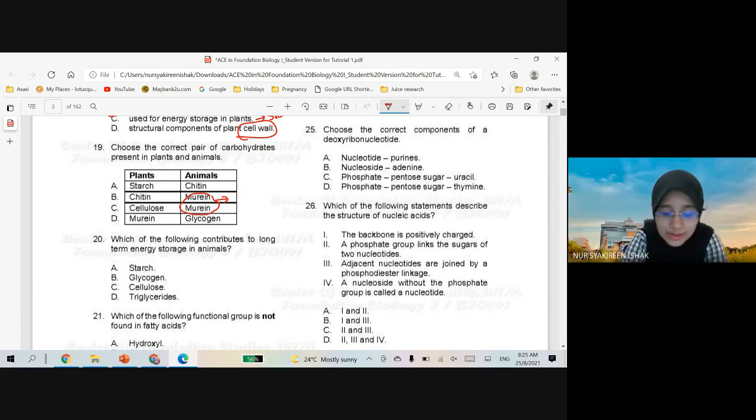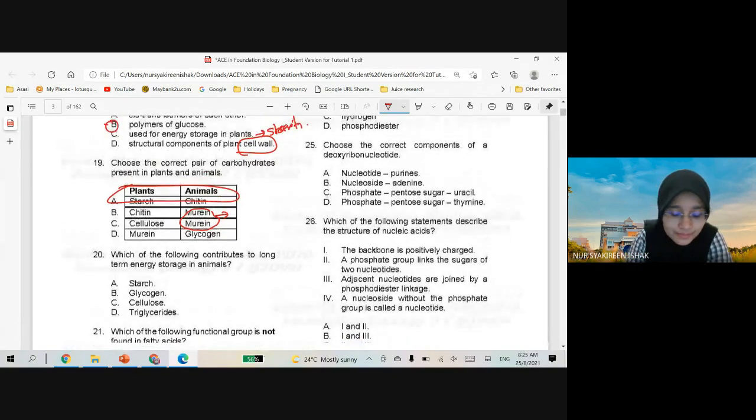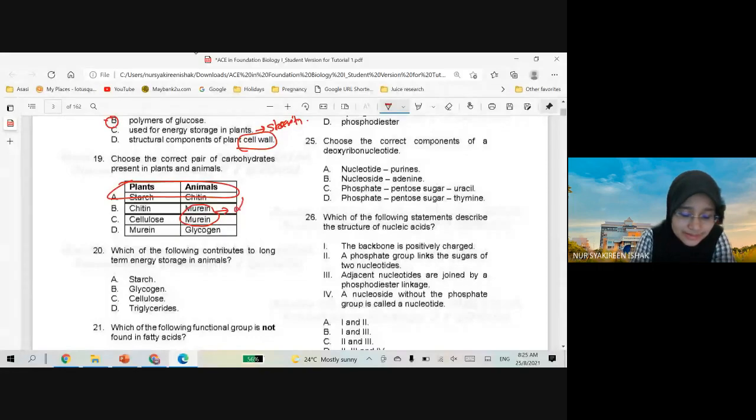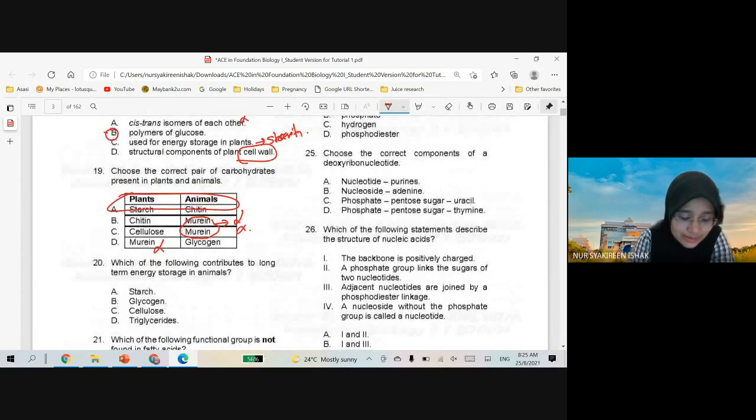If eukaryotes, you have plants and animals. So this question is asking about eukaryotes, so obviously B and C are wrong. Urine is not in bacteria either. So the answer will be A.